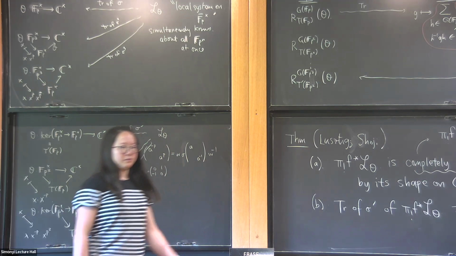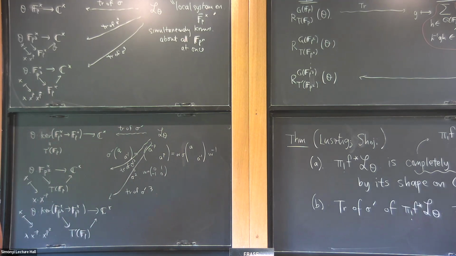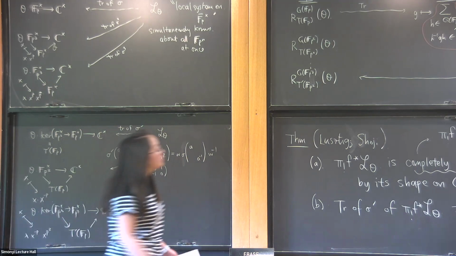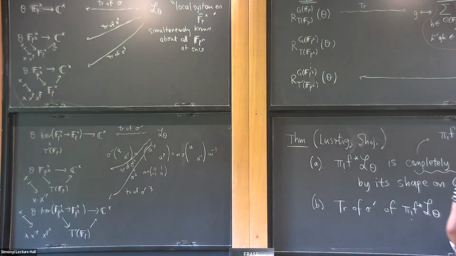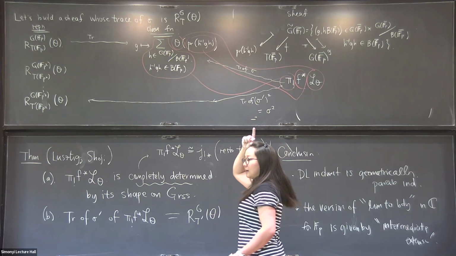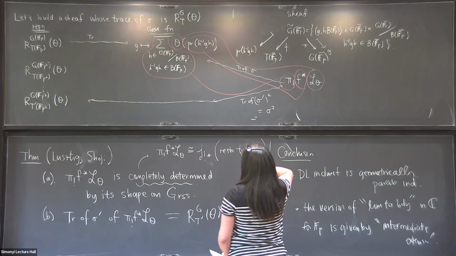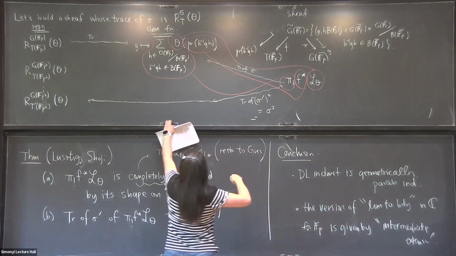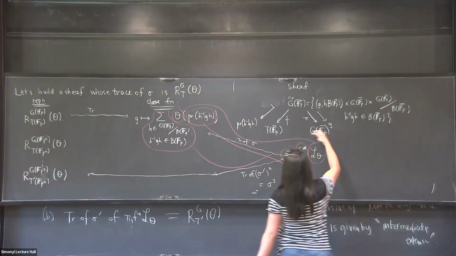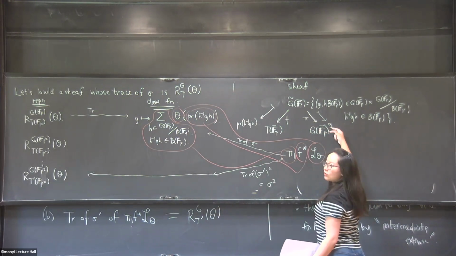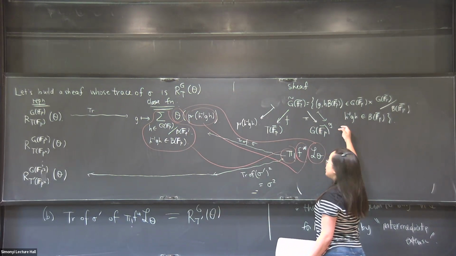Good question. On the top one where you have the red lines, the pi lower shriek, the pi you had up there sends it to the first projection. Yes, that's right. But you're connecting pi lower shriek with the H. Yes, that's right, because it's an averaging over the fibers over G. What are the fibers over G?